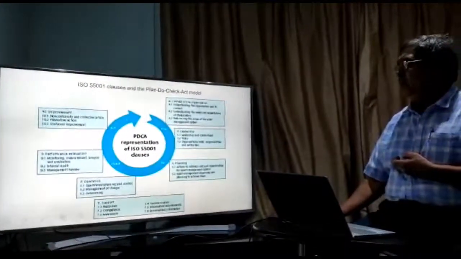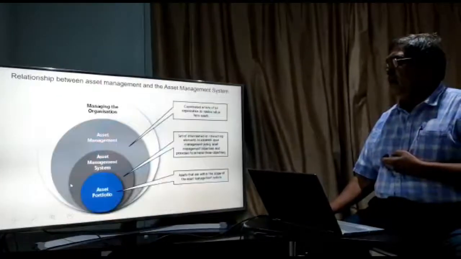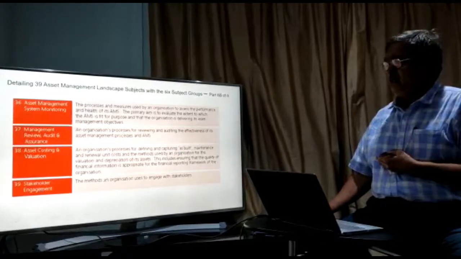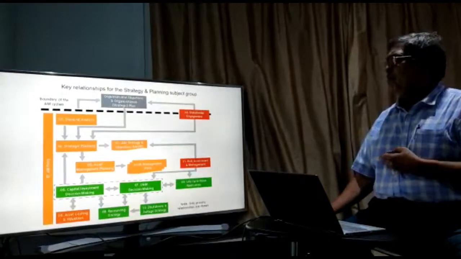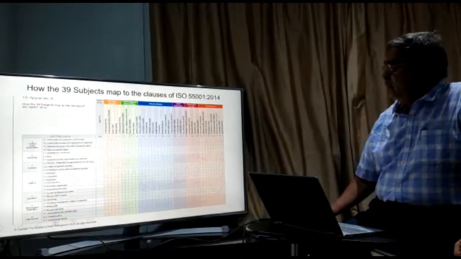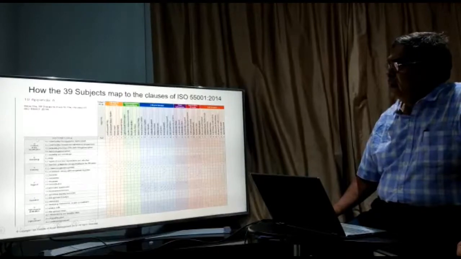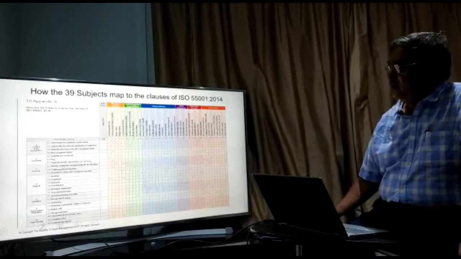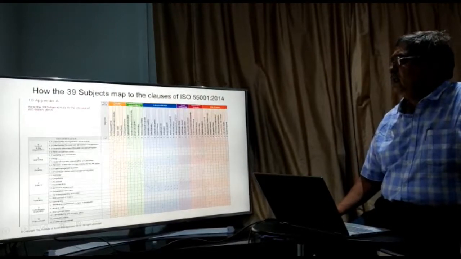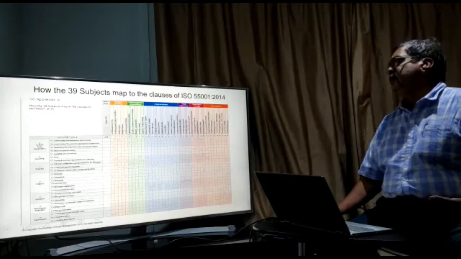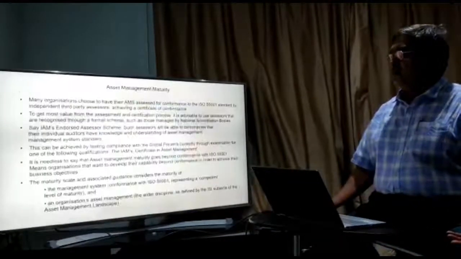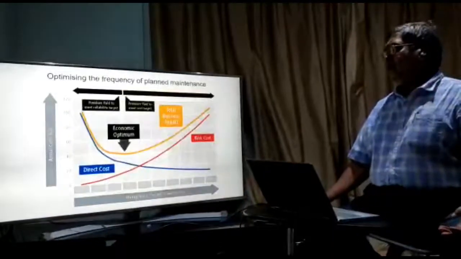We map the entire PDCA cycle to all these 39 asset management landscape subjects. There are 39 criteria, and we have ISO clauses, and we mapped the ISO clauses with respect to the 39 subjects. We can go into the details of the clauses for the whole thing, and then go ahead.